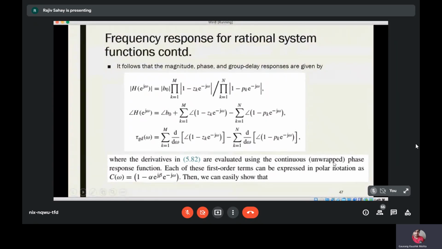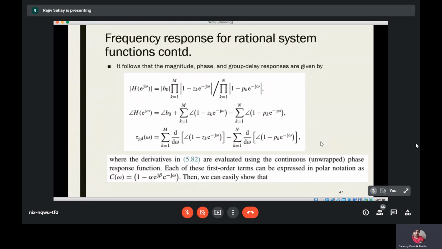with the continuous, or unwrapped, phase response function. I had told you that the wrapped phase response function is between minus pi to plus pi. If you find the phase response over more than minus pi to plus pi, that is, it can extend to minus n pi and plus n pi, then you will get discontinuities of 2n pi.